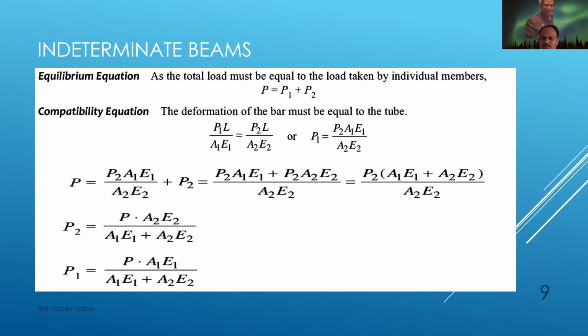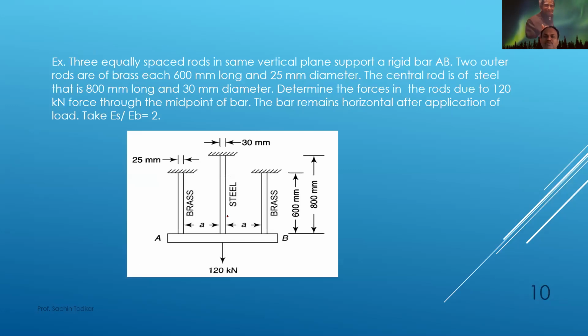And further simplifying, we can write the P1 and P2 equations in these forms. So we'll see one numerical, so it will be easy to understand these types of examples.